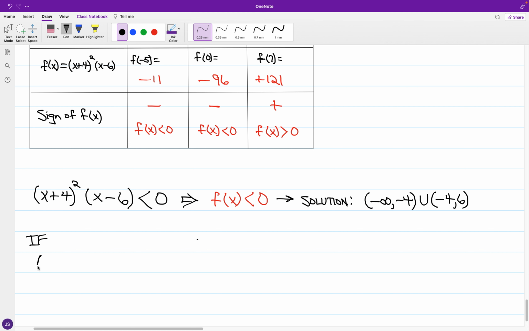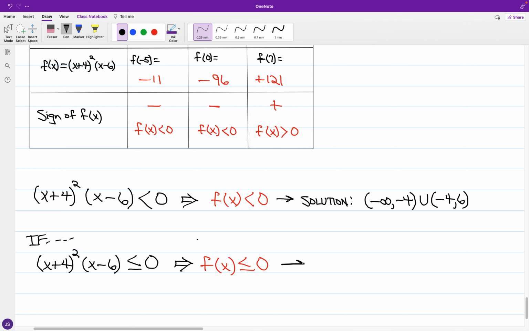But if you happen to have the equal sign included, if this happened to be the problem, not less than 0, but less than or equal to 0, if we have f(x) is less than or equal to 0.